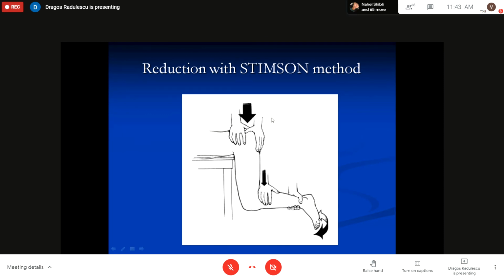And also when the helper palpating the femoral head tells that the femoral head starts moving back to its regular joint place.